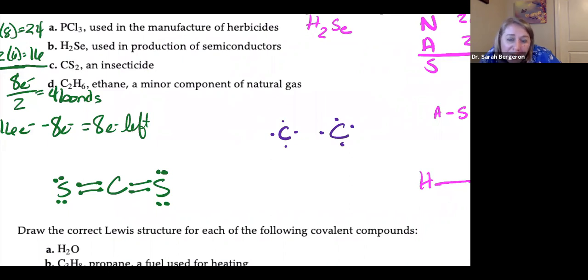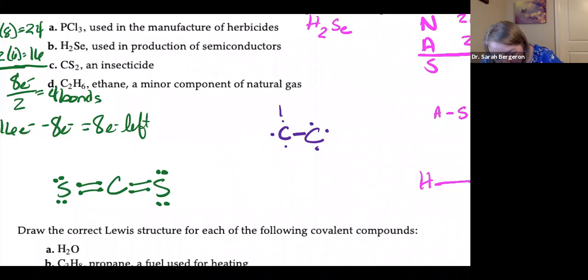Usually your carbons are going to be connected together if you have multiple carbons. So I can scooch this over, and they're going to share an electron, and I'm going to turn that into a bond. Now I have 3 available electrons for bonding on each carbon, and I have 6 hydrogens. That works out pretty well, right?